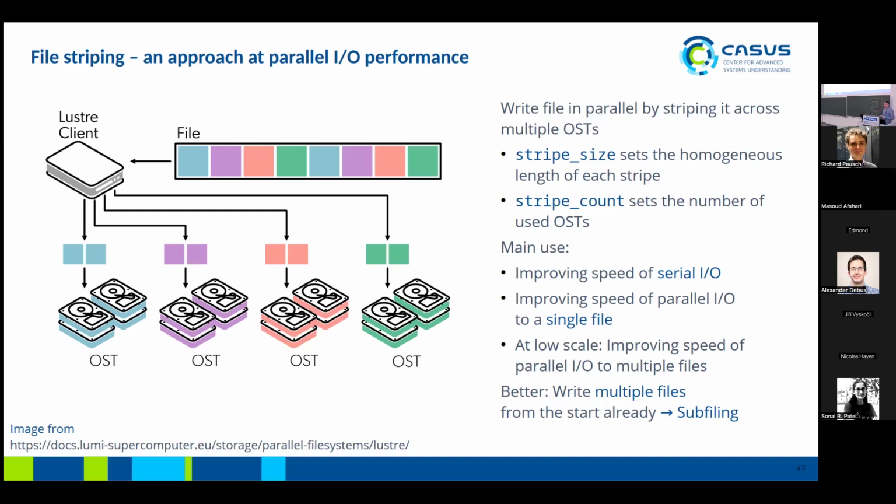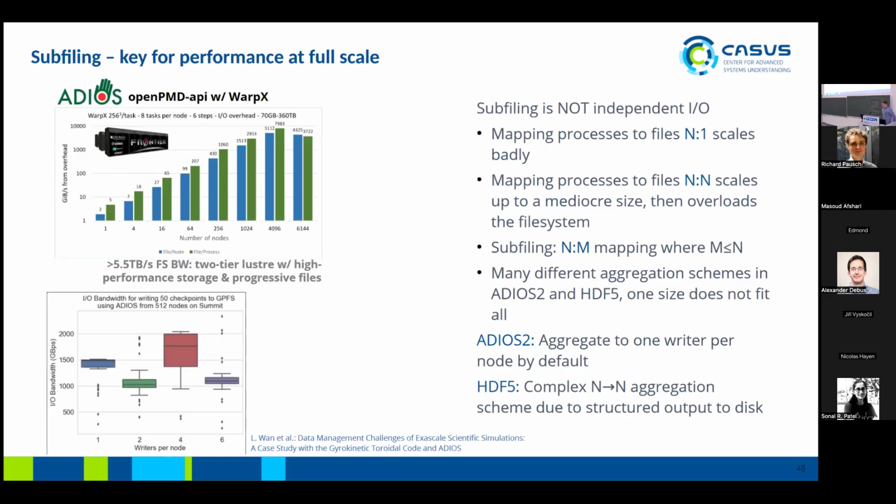So maybe even at low scale you can improve this way also the speed of writing to multiple files in parallel I/O. But the real deal is going over to subfiling by writing multiple files and using the parallel capacities of the file system that way. Now, the most simple way of writing multiple files is doing independent I/O.